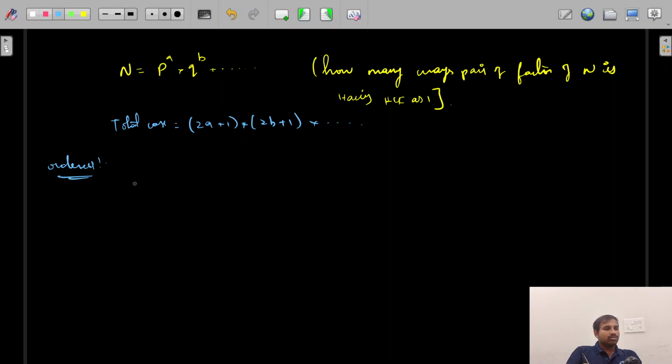I have two different cases. One is different factors, one is non-different factors.